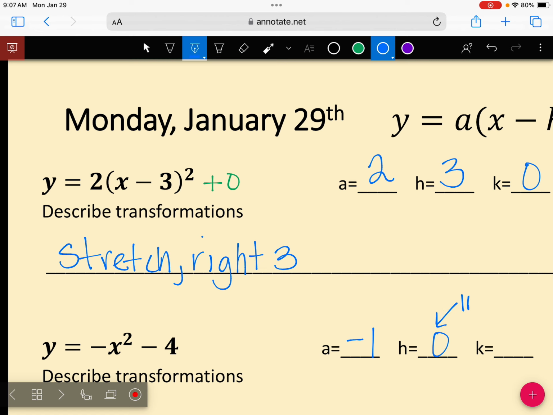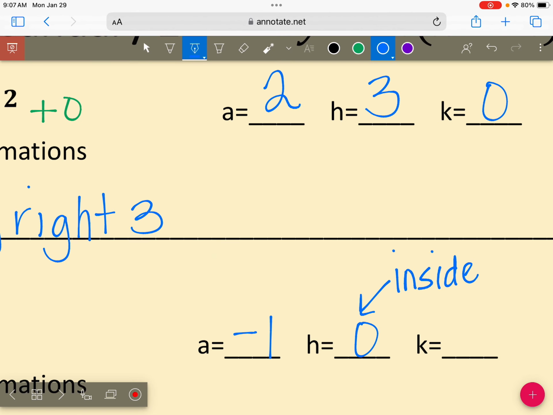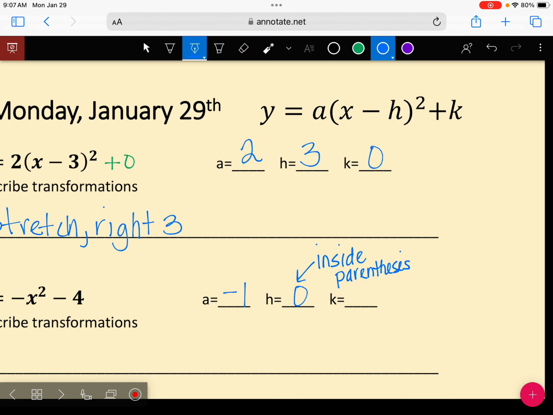H is always inside the parentheses. And then what's our number to the back? What is this number? -4. That would be our K.